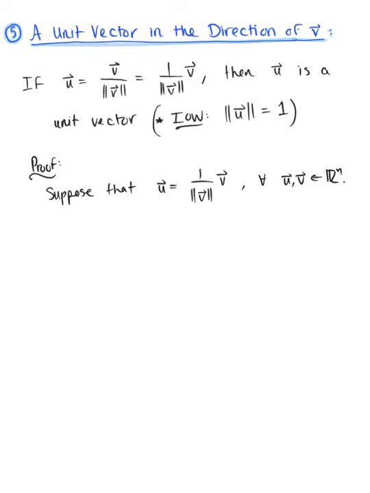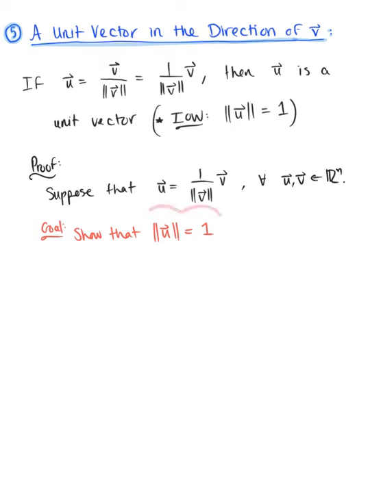If we are supposing that this holds true, then the goal here is to show that u is therefore a unit vector. So we want to show that the magnitude of this vector u must therefore be 1.